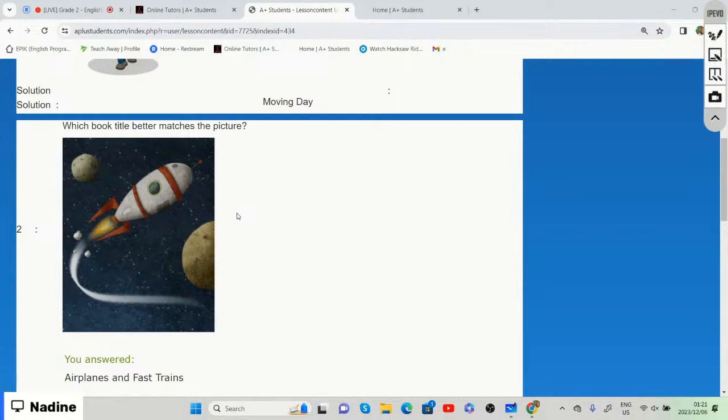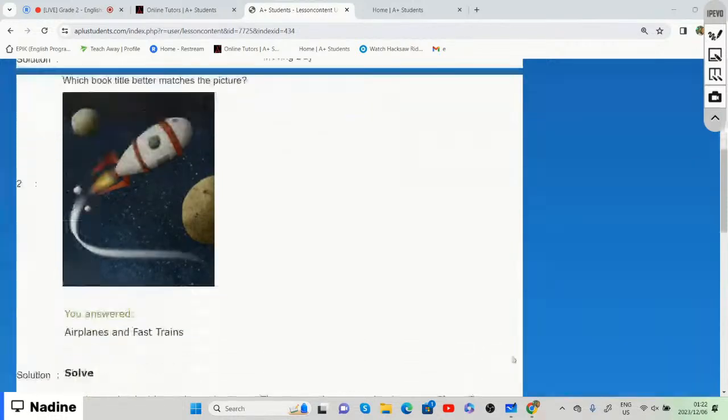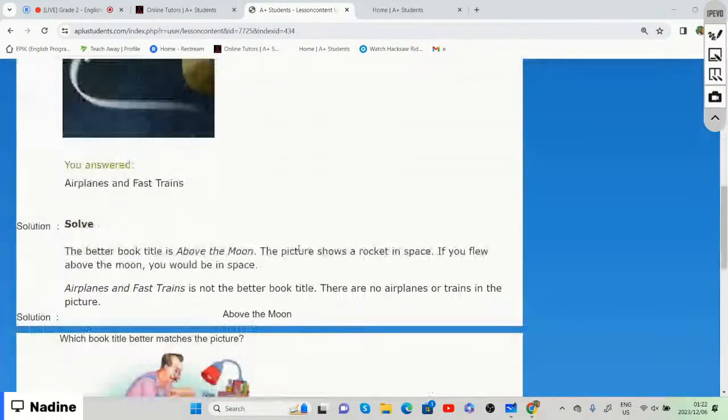If we look at the title, then we can get the idea it's going to be about space. It's about something that is up beyond. And basically, the title is Above the Moon.